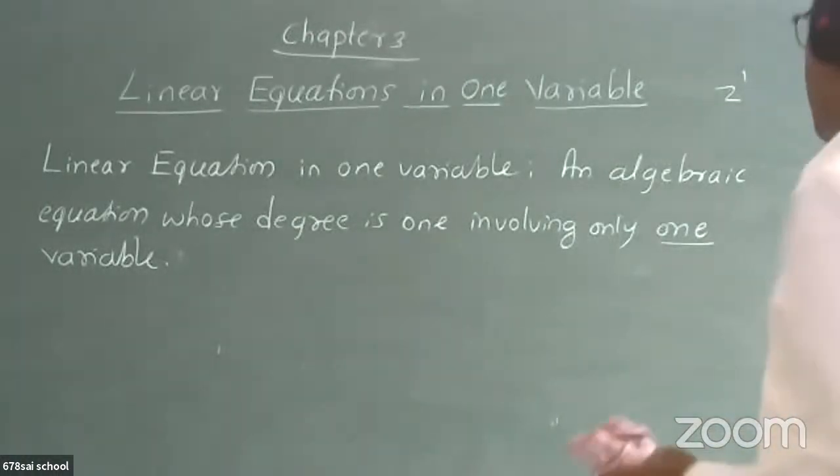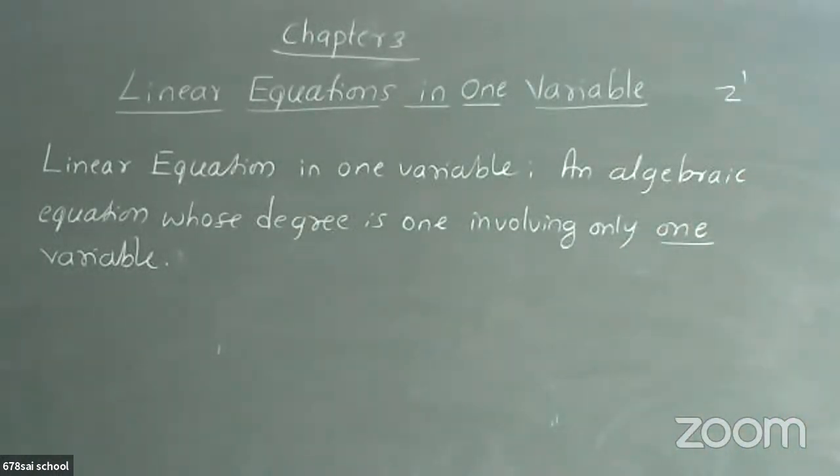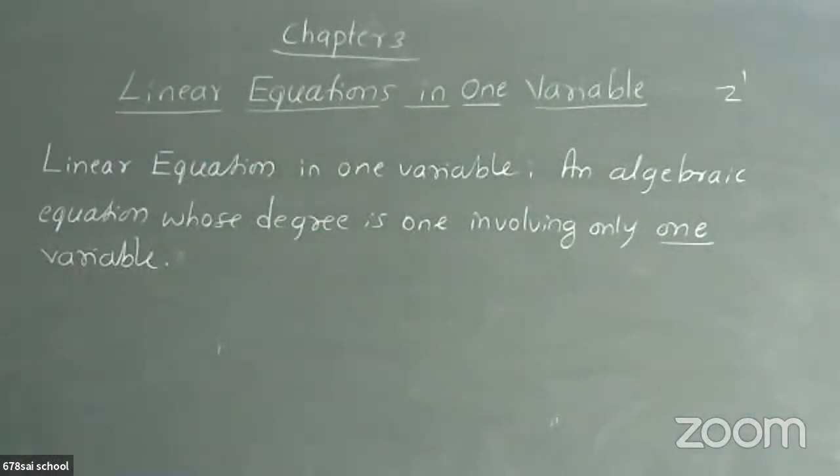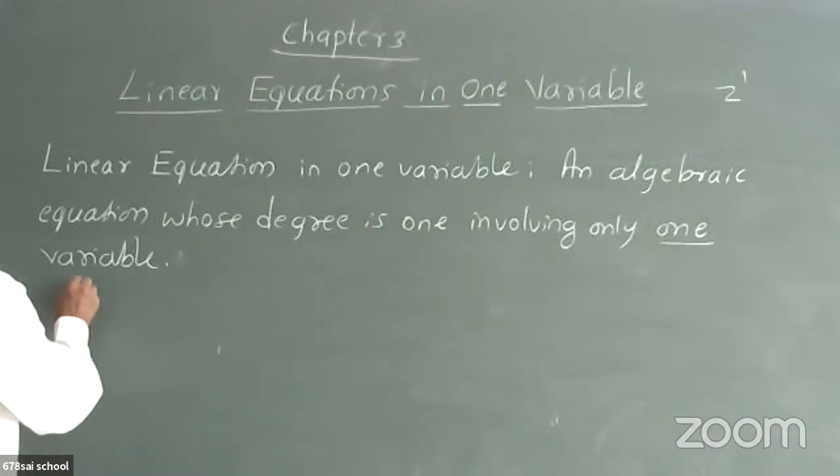Now, linear equation in one variable means only one variable should be there. Write some examples.